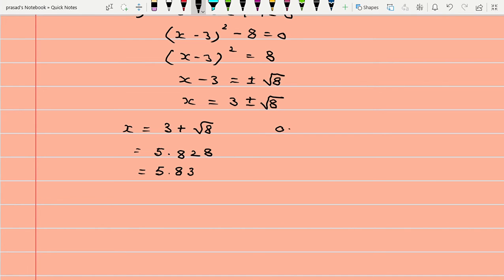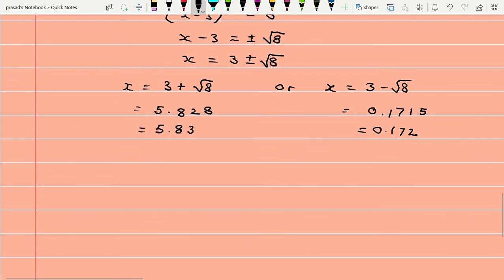Or the other root is 3 minus root 8. So if you feed this to the calculator, you are getting 0.1715. Again here, the fourth significant figure is 5. So make this 172. So these are the two roots.